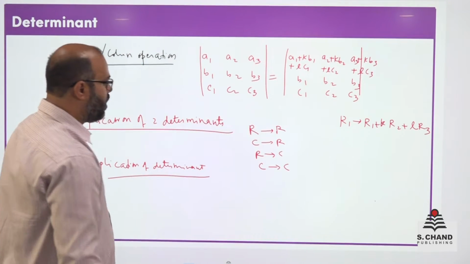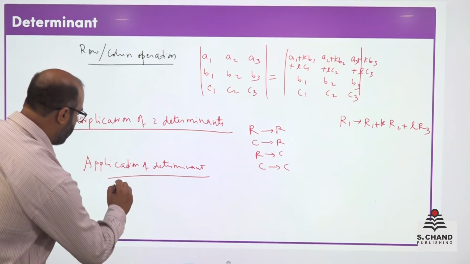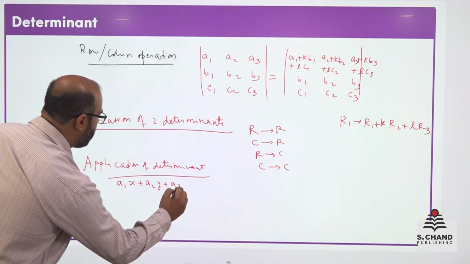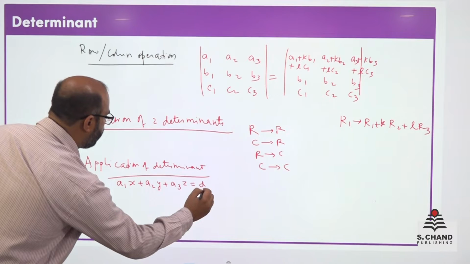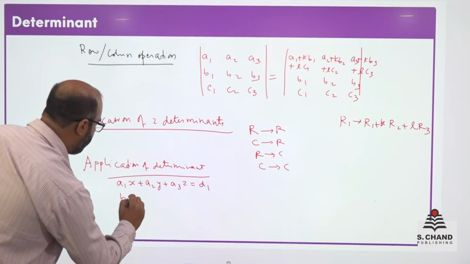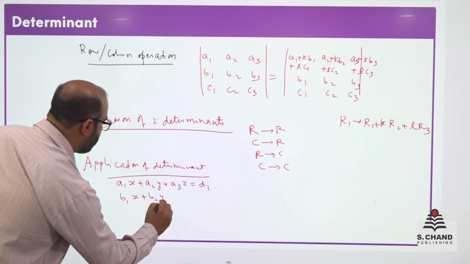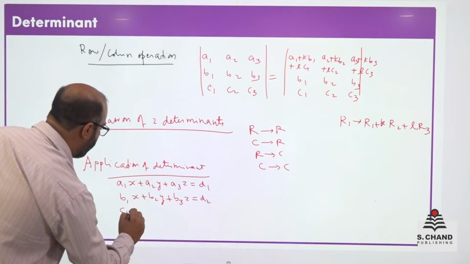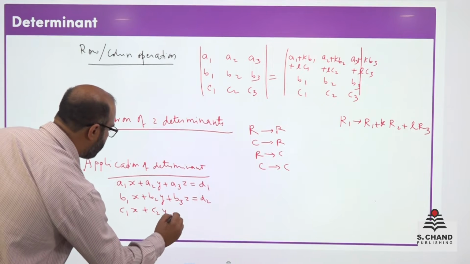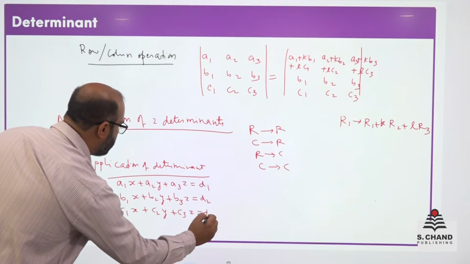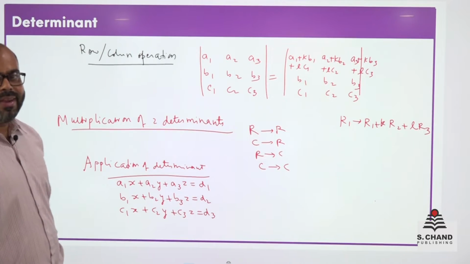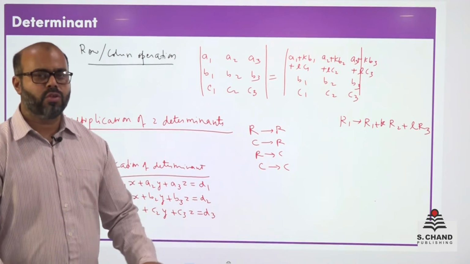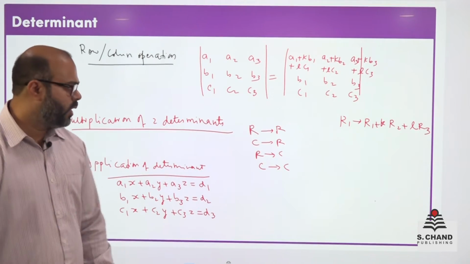If we have a system of equations a1x plus a2y plus a3z is equal to d1, b1x plus b2y plus b3z is equal to d2, c1x plus c2y plus c3z is equal to d3, then we find its delta, delta 1, delta 2, delta 3, which you can just see from the book also.